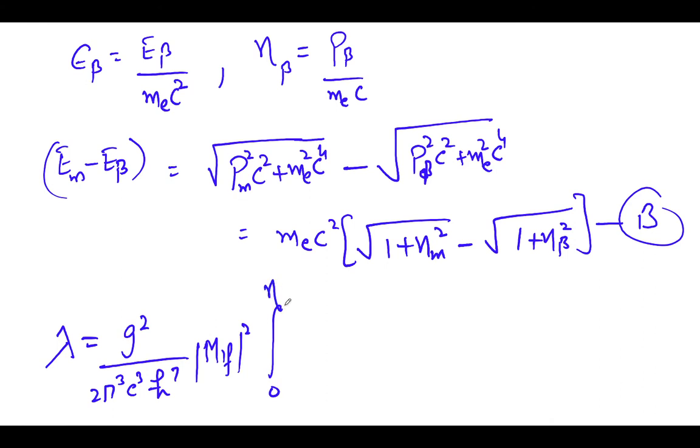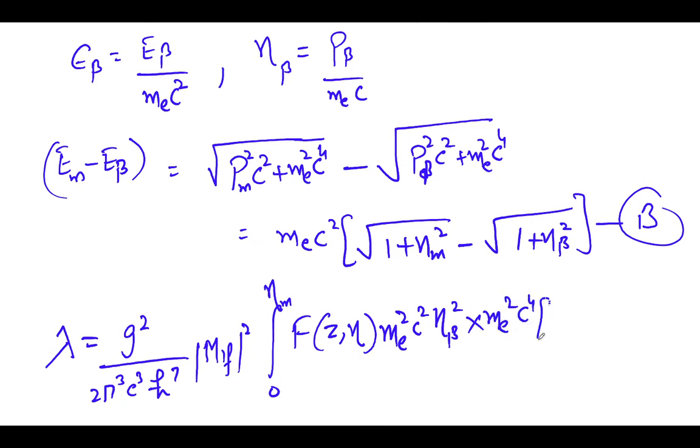So this momentum integration now turns into an integral from 0 to eta m, f of Z and eta, me squared c squared, eta b squared, me c to the power 4, times the square root of 1 plus eta m squared minus the square root of 1 plus eta b squared. So this is the value of Em minus Eb squared into me c into d eta.